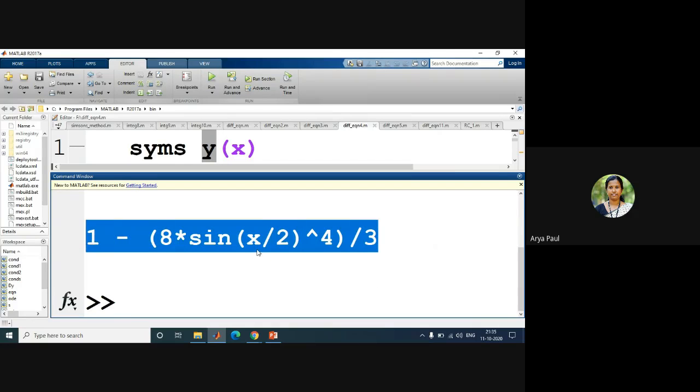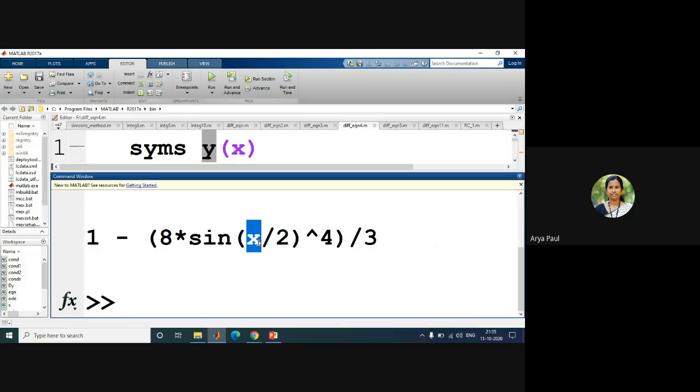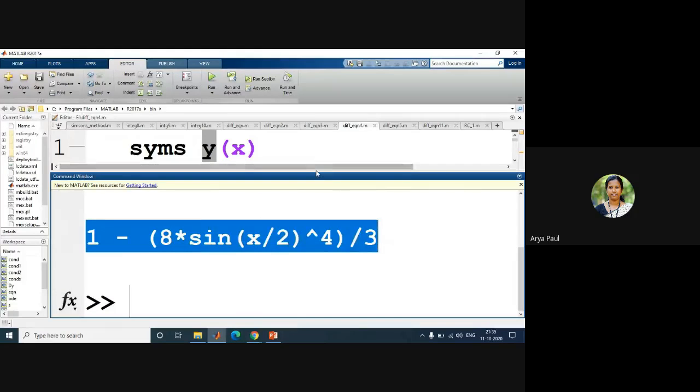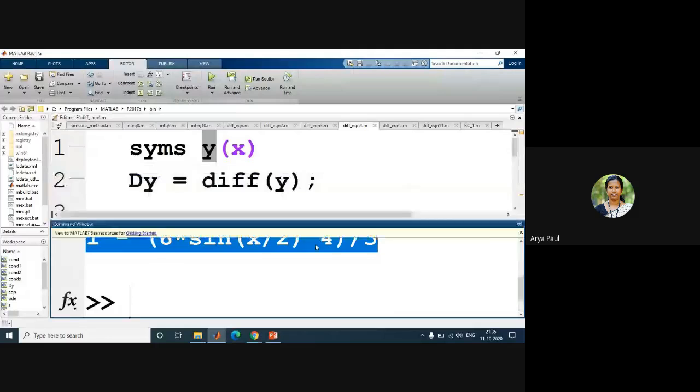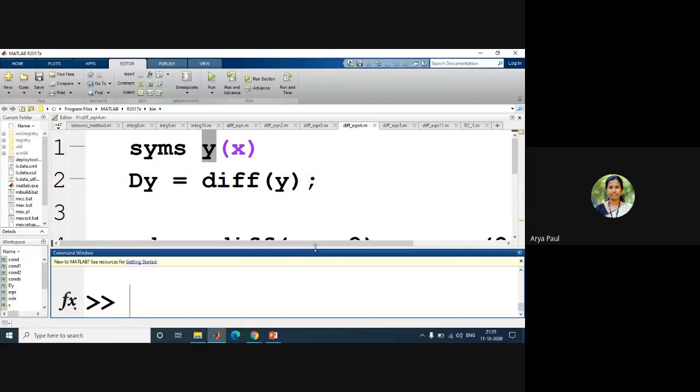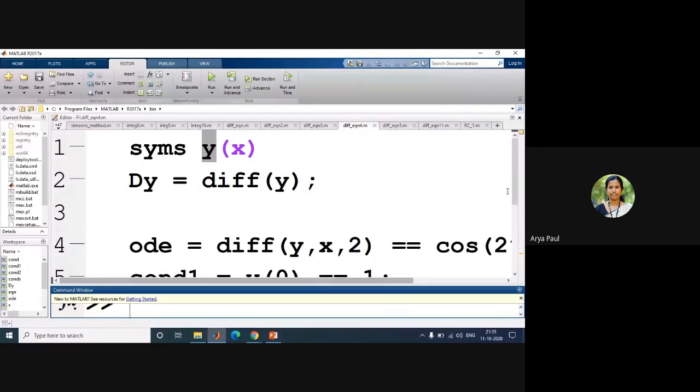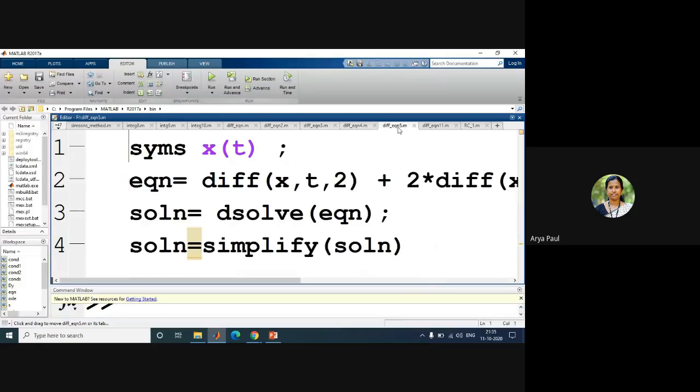So you can put in some x value and find that y value. You can find the function value at any point of the independent variable. Hope this is clear.